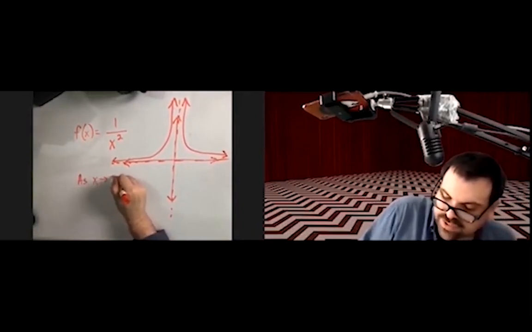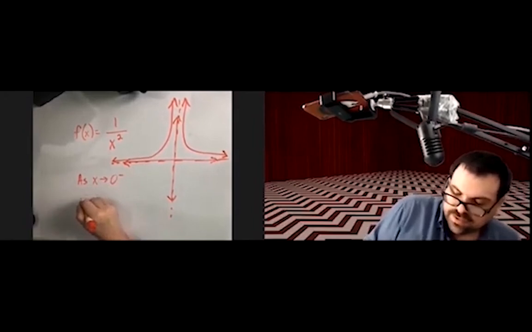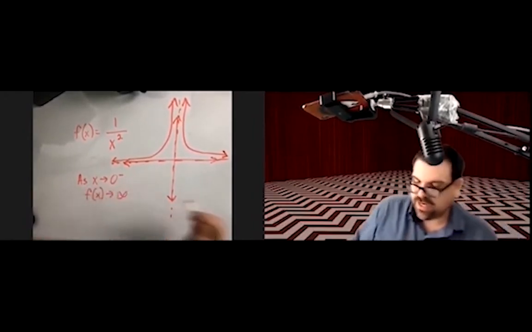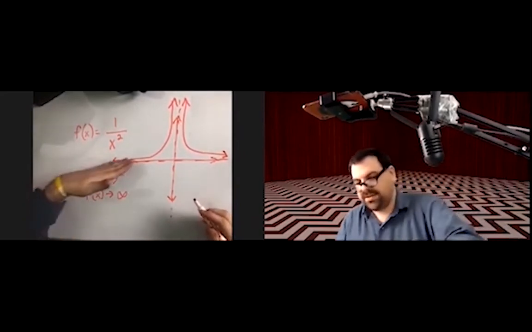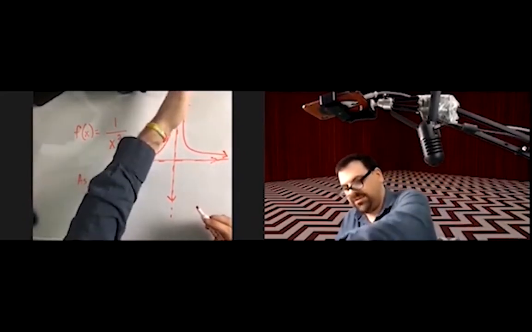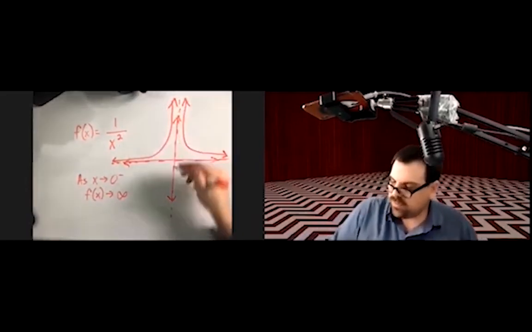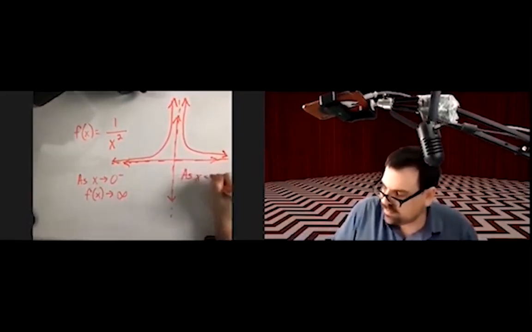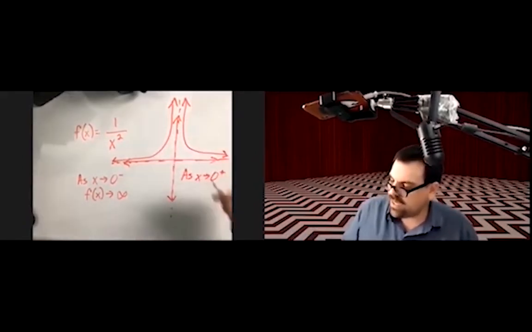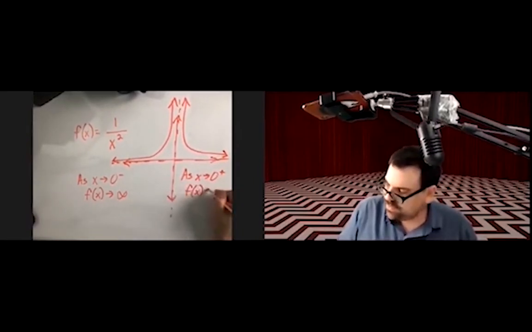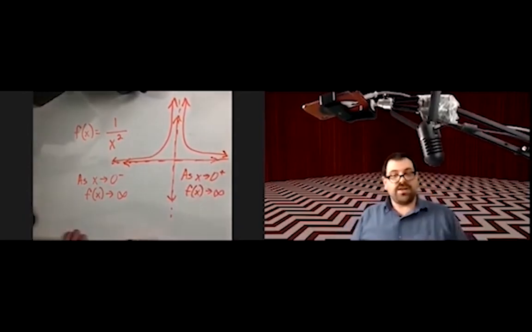As x approaches 0 from the left, f of x approaches infinity. As x approaches 0 from the left, it curves up. As x approaches 0 from the right, from the positive side, f of x also approaches infinity.